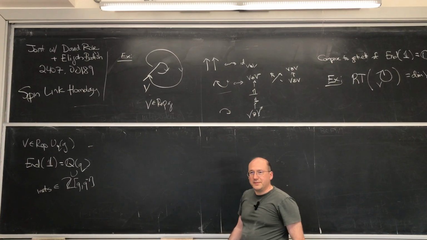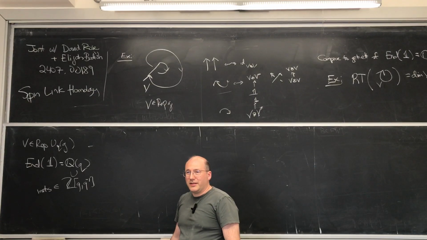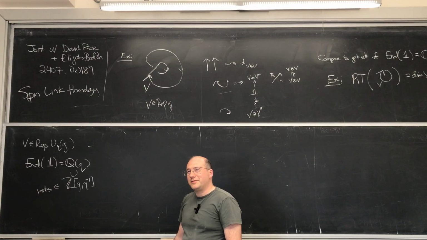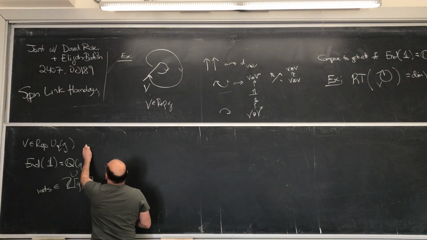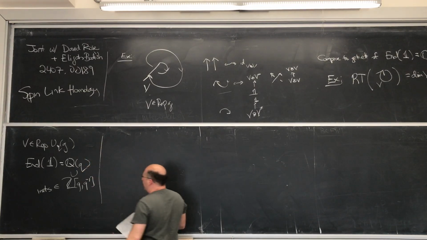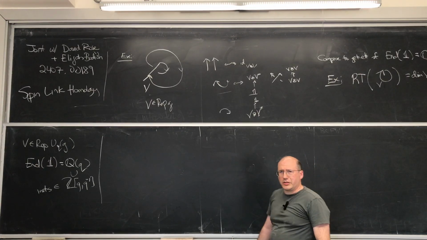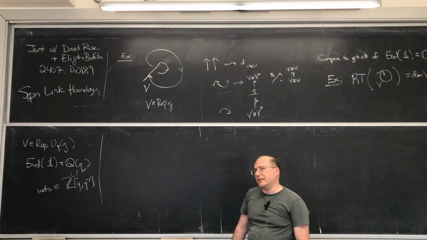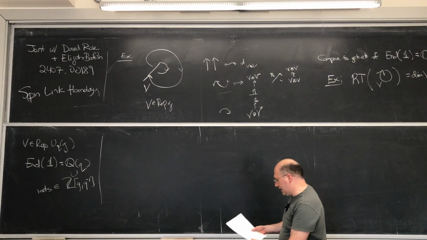This is all standard structure in Rep G, in Rep U_q G. But does it come with it by virtue of being dualizable, which is a property, or is it data that you use? I'm not 100% sure. I'm pretty sure for finite dimensional representations, it's a property because I think it comes for free.